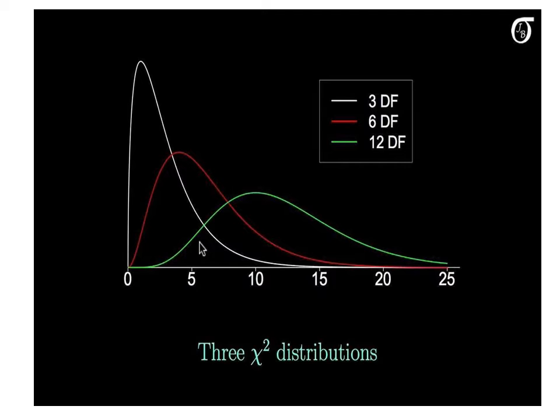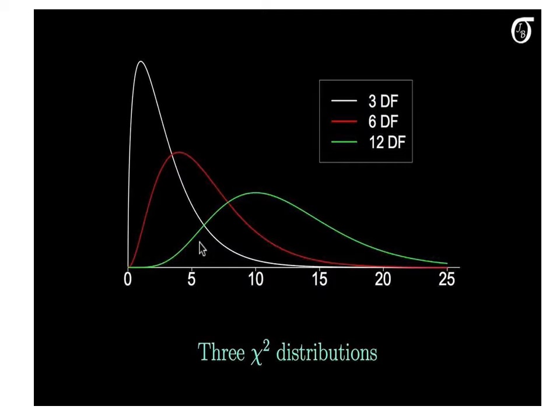The white graph shows that at degree of freedom 3, it is highly skewed, while at degree of freedom 6 it is slightly more normal, and at degree of freedom 12, shown by the green line, it is more normally distributed as compared to the red graph and the graph with the white line. So as we increase the degree of freedom, the graphs for chi-square test tend to become normally distributed.